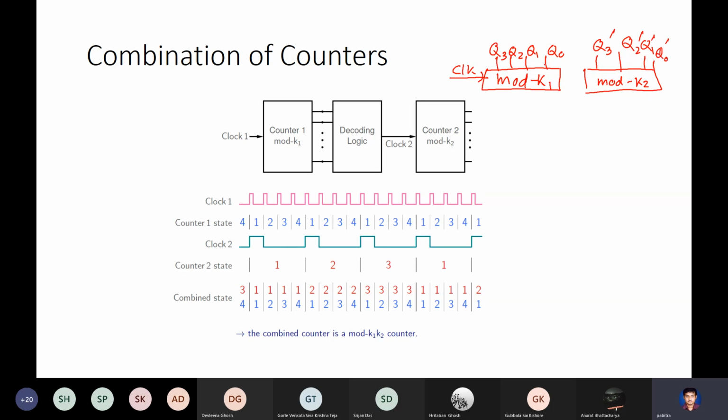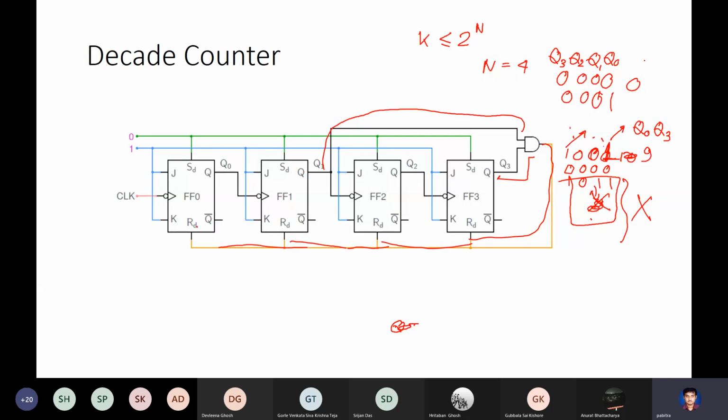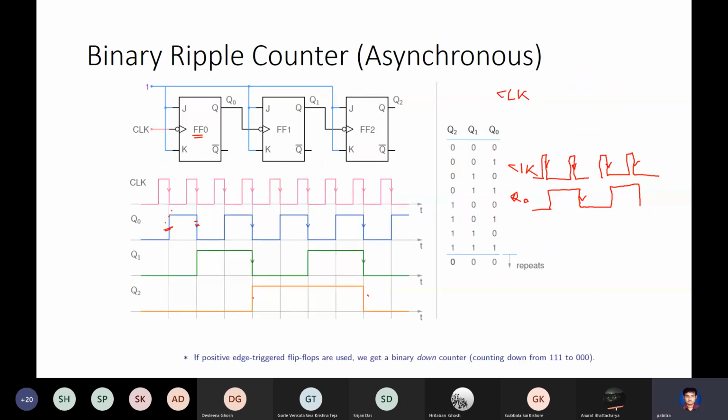Okay, so if you tie up these counters, because see, nobody has stopped you. In fact, I should have drawn it the other way around. I was ending at Q3 here.